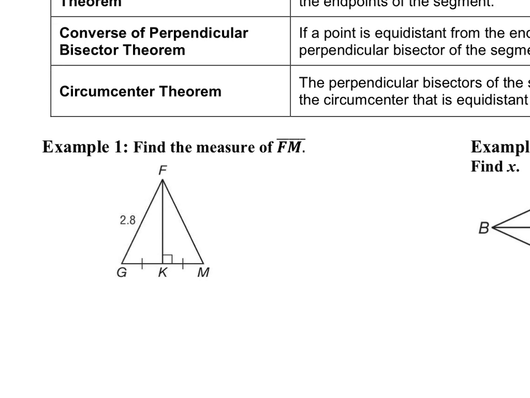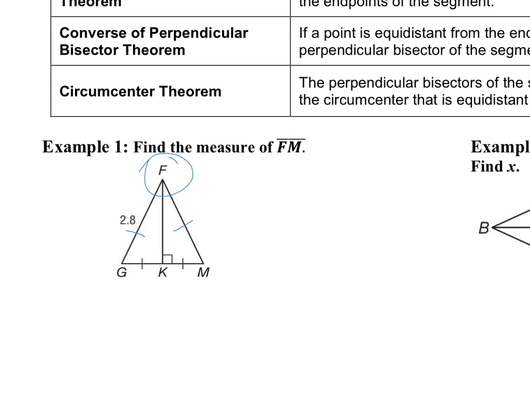So we start off and we see that we have a perpendicular segment and that it bisects because we have these congruence markers. So what that means is, this is the perpendicular bisector theorem, if I have a perpendicular bisector of a side, then any point that's on that perpendicular bisector, in this case point F, is equal distance from G and M, or the endpoints of the segment, which means that these two sides have to be congruent.